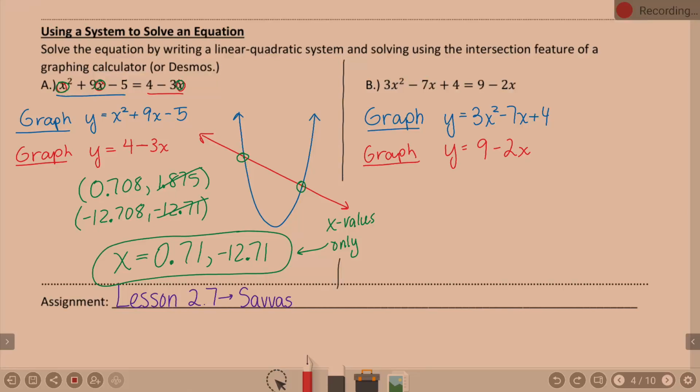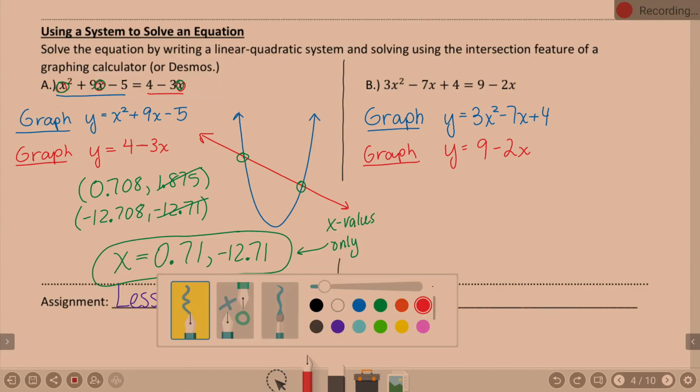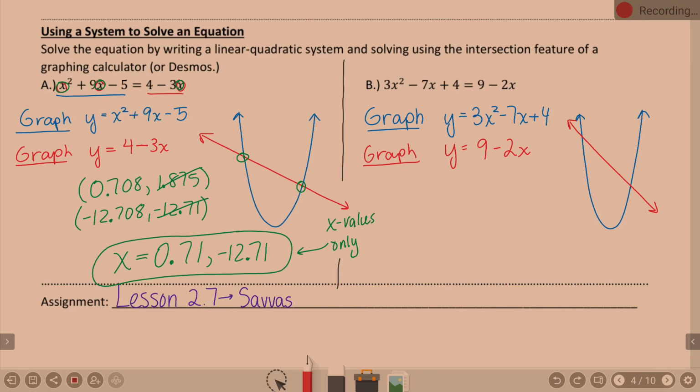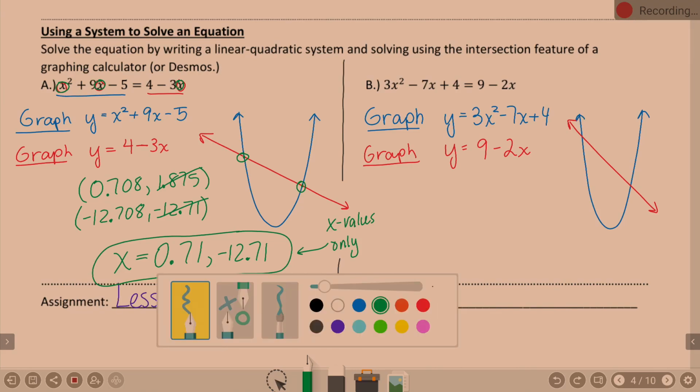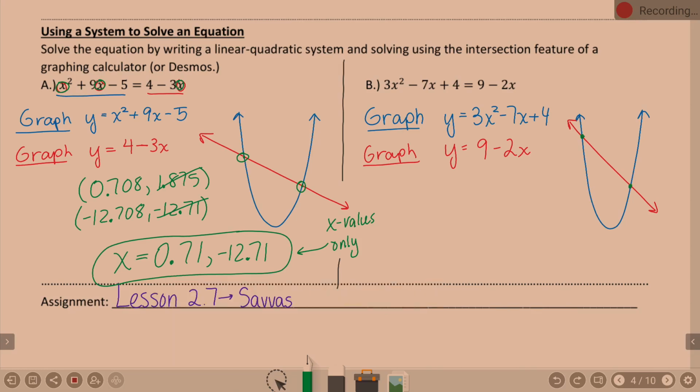And again, we had a parabola intersecting a line, and we are looking for those intersection points, right? Now I'm going to write down my intersection points. 2.37, 4.26, and negative 0.703 and 10.407.